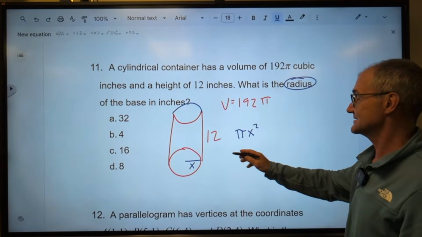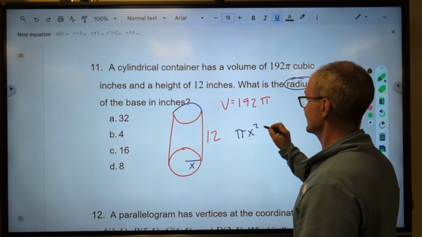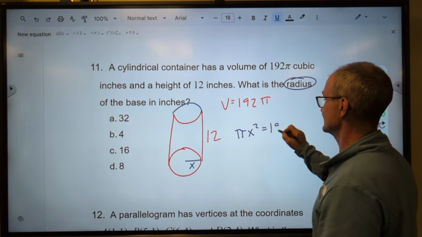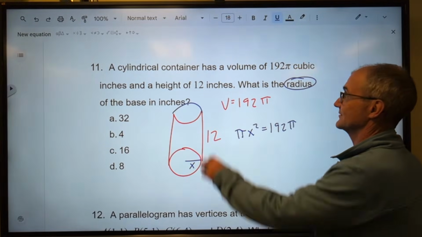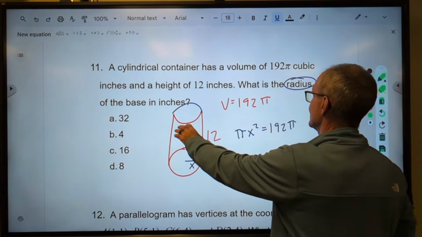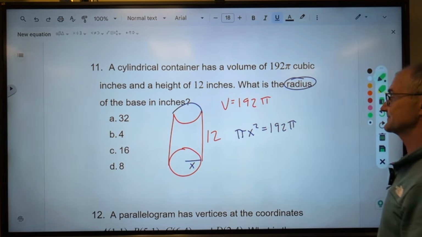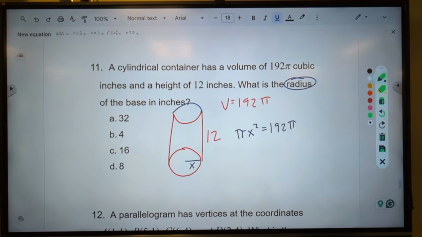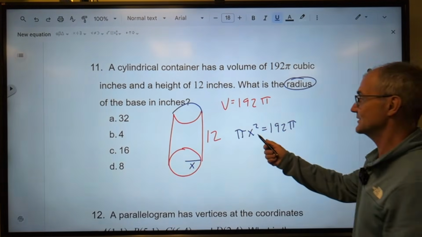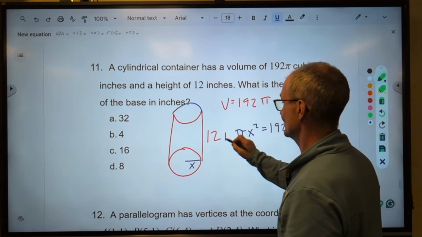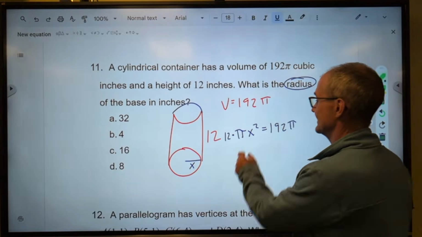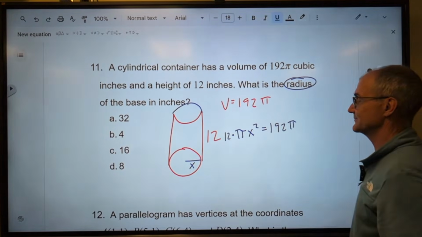So it's x. And I am told my volume is 192 pi. Sentence to picture. What am I looking for? Step 3, create my equation. And then, oh no, wait, pi r squared times 12, right? Base area times height equals volume.